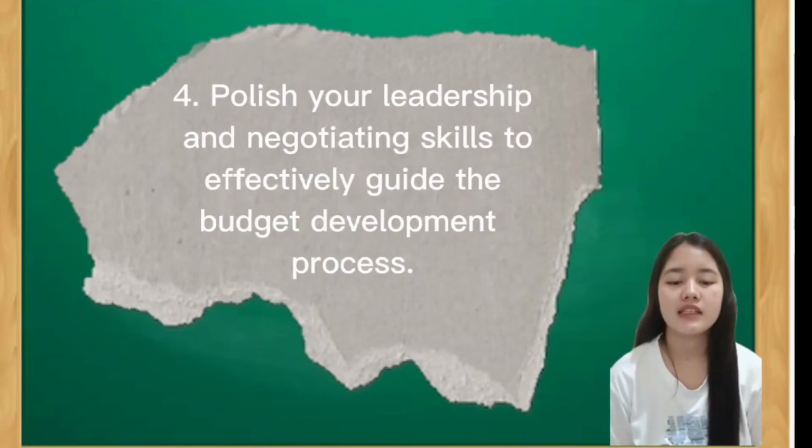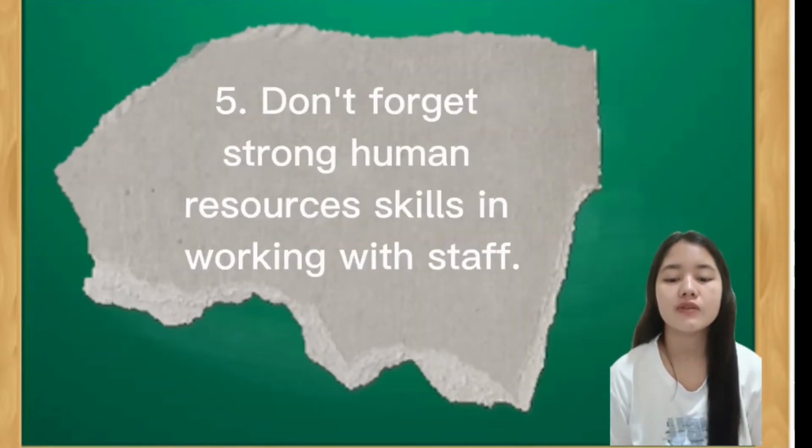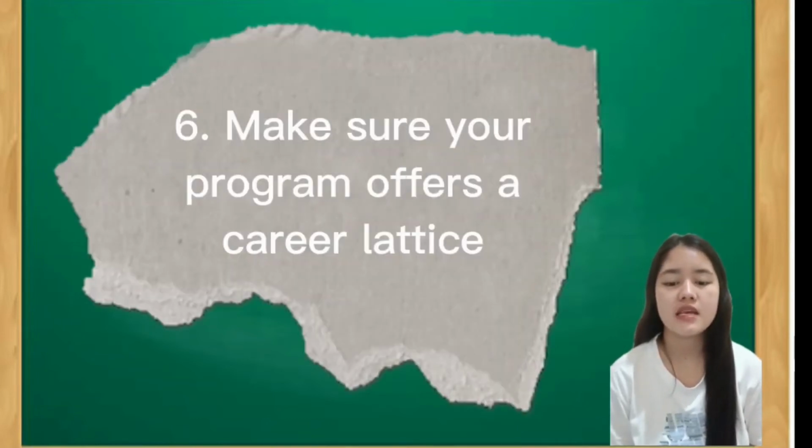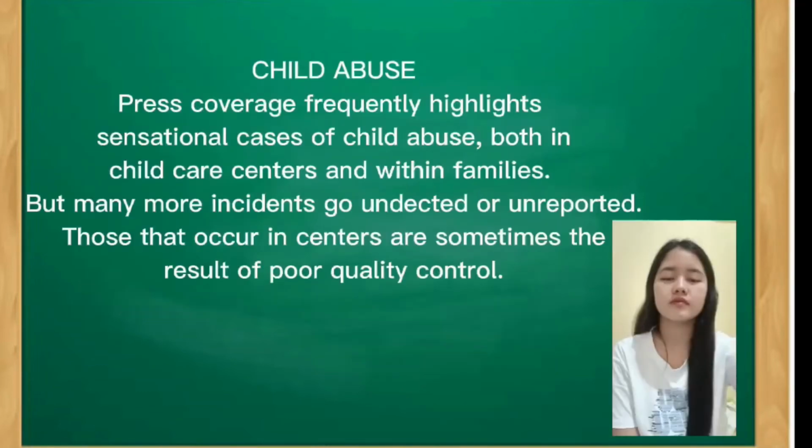In order to guide others into making the kind of changes you want, you need to use your skills as a leader. Then the fifth one is don't forget strong human resources skills in working with staff. Leaders who are effective provide support to staff, but they also support autonomy and demand a high level of professionalism. And the last one is make sure your program offers a career lattice.